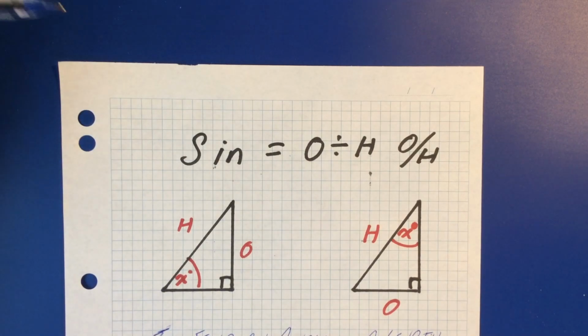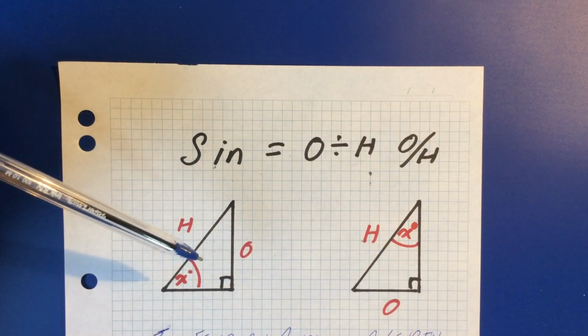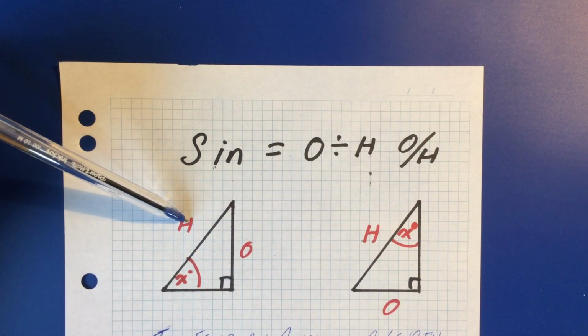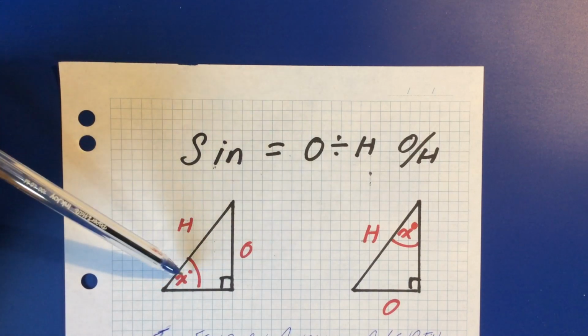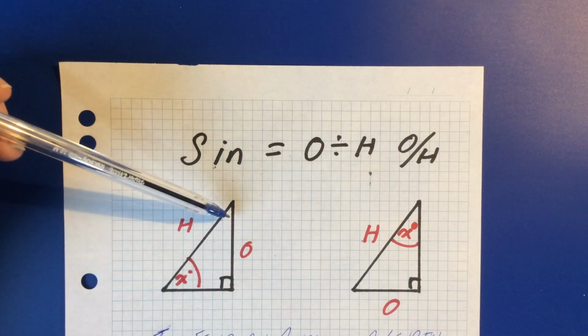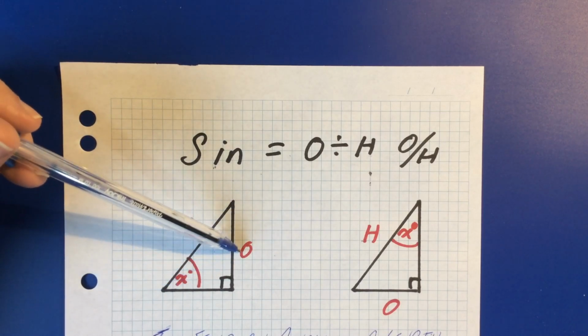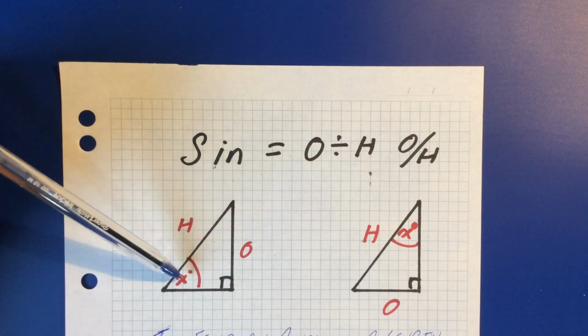This assumes that the person is familiar with how you get opposite and hypotenuse. Just to go over this quickly, the opposite side is the side that does not touch the angle in any way. It is over here. This is the angle we're interested in.